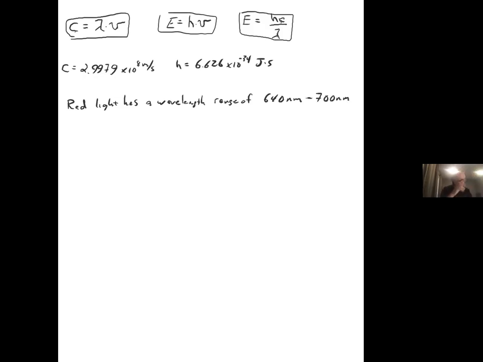So there's the range right there. So there's different types of red light, 640 nanometers to 700 nanometers. So what I'm going to do is I'm going to pick one of those wavelengths. These are wavelengths. Notice it has meters in it. That's wavelength. So I'm going to pick, let's do 670.